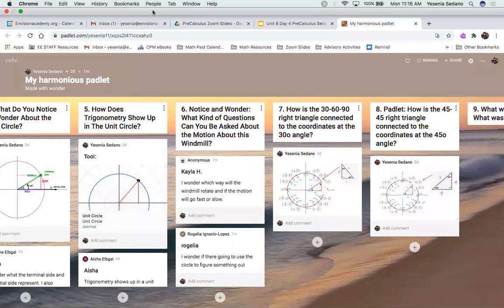Hi everyone, I see that we're still writing, so I'm going to give a few more seconds. I see some amazing wonderings and possible questions you might be asked about this windmill.